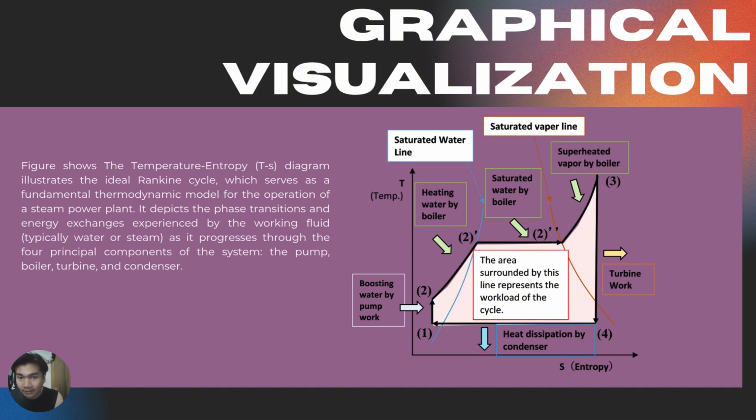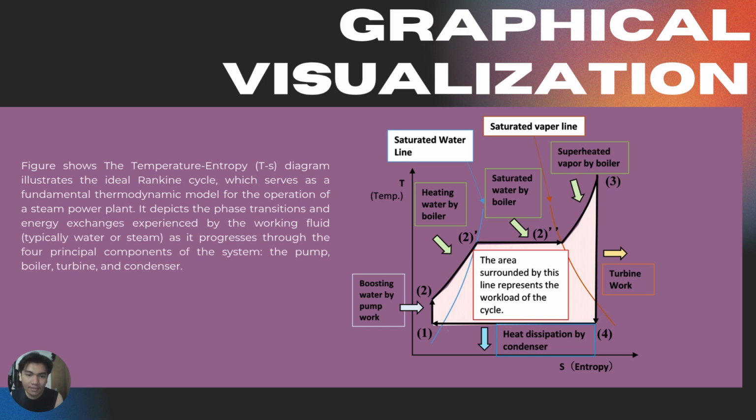Then we heat it up until it reaches the superheated vapor. Then the next thing is the turbine doing its work. Then at this point, the heat dissipation occurs in the condenser until this point again.